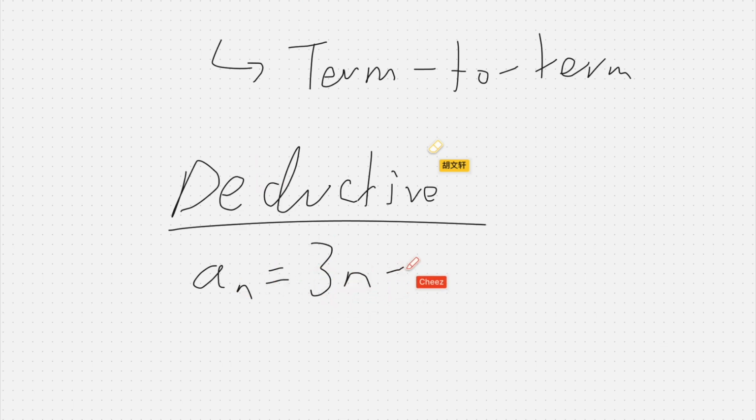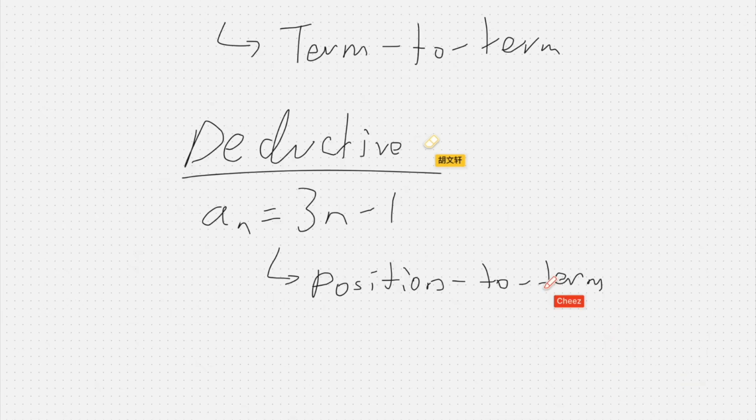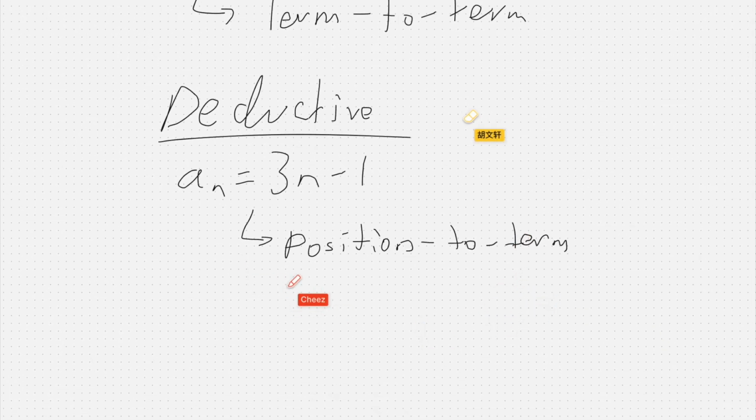Raymond's just going to give us an example here, which is a_n equals 3n minus 1. Then we can define a term based on its position, which is very convenient when we're looking for very big n values, and we don't have to go down one by one to reach the very big value of n. So this method is much faster if you want a specific term without working through the whole sequence.